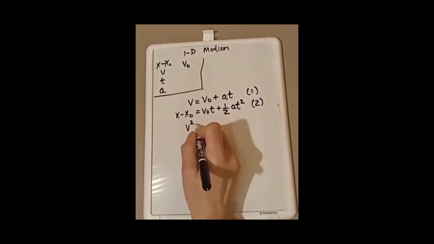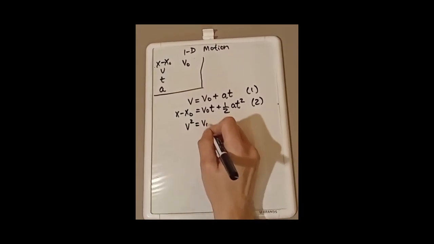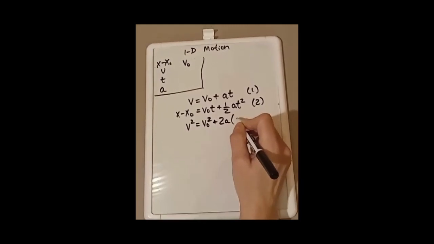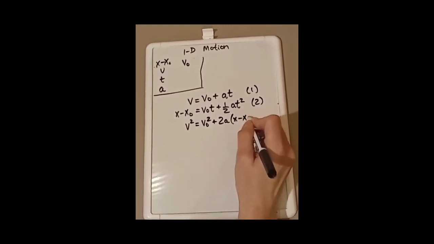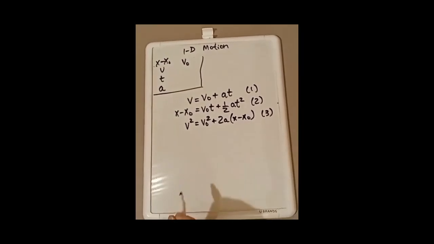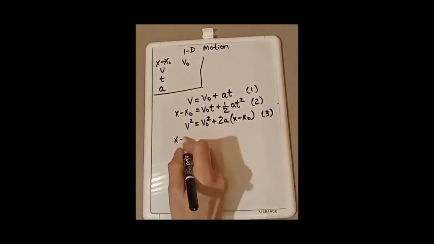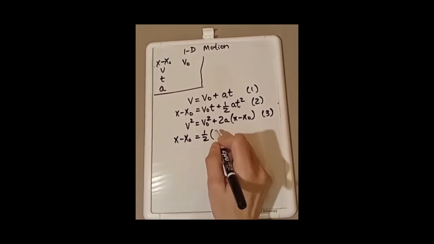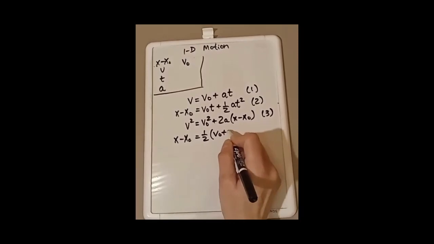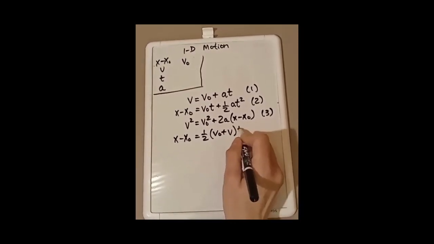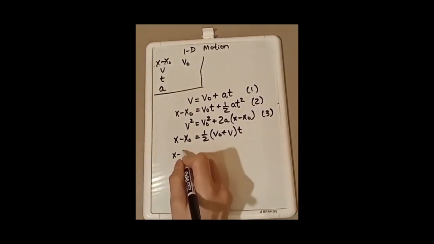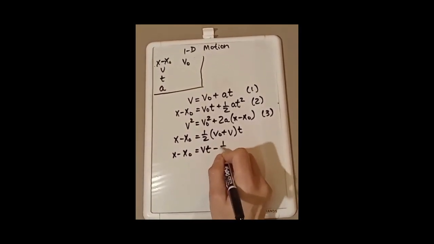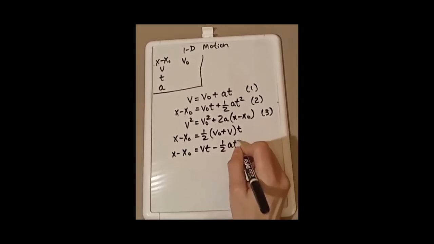We have v squared is equal to v naught squared plus 2a times x minus x naught. And then we have x minus x naught is equal to 1/2 quantity v naught plus v times t. And x minus x naught is equal to vt minus 1/2 at squared.